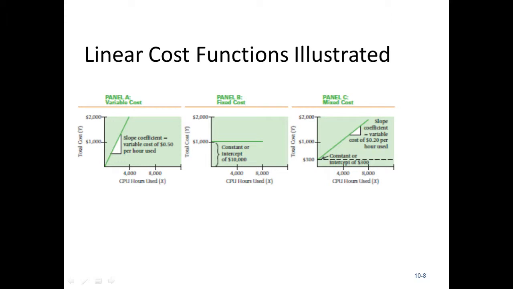From a certain production range through an upper level production range, that being the relevant range, we have a fixed cost. And then panel C, the mixed cost, is the combination of the variable and fixed cost.